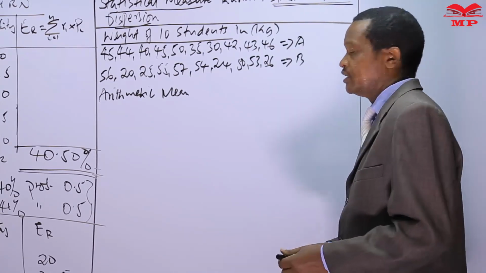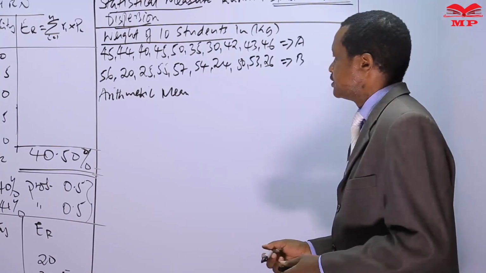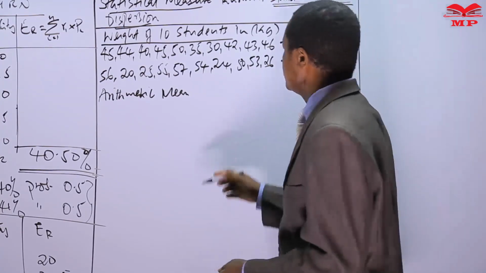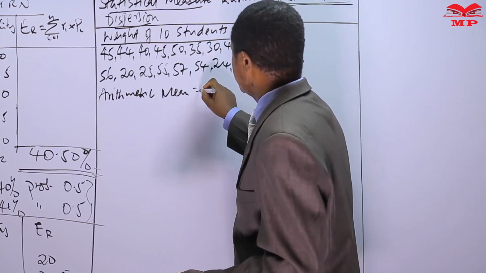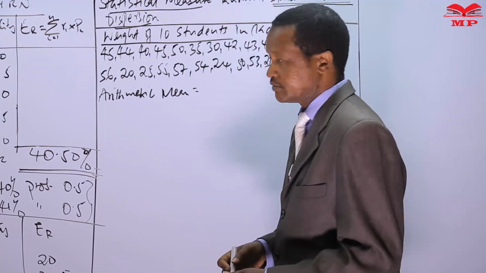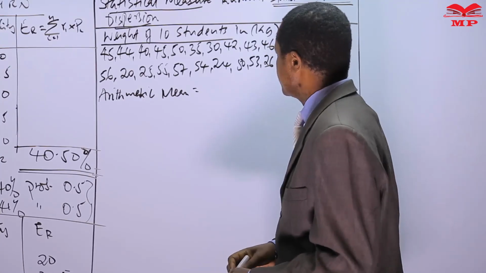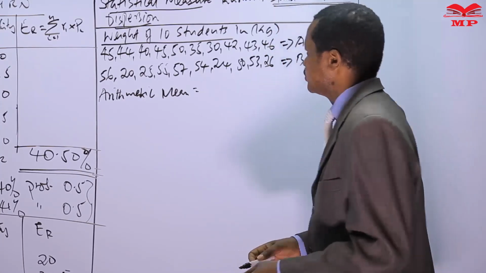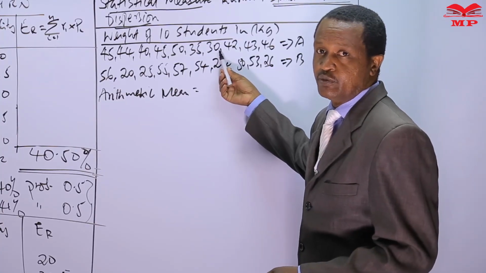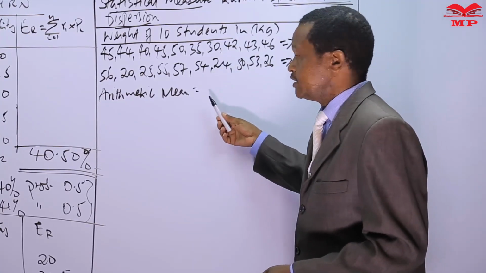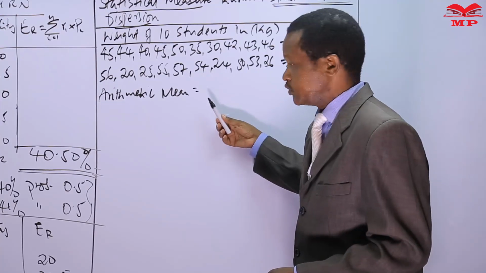Now, the arithmetic mean will be the summation of the number of kilograms, which we divide by the frequency, which is the number of students.